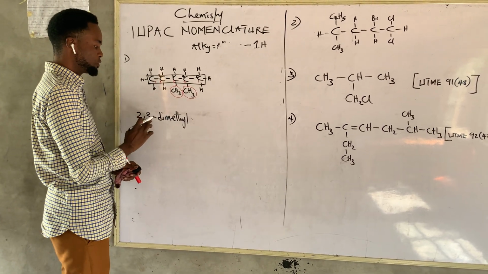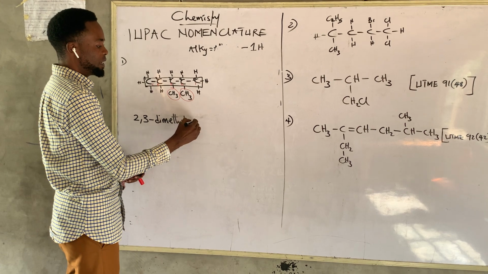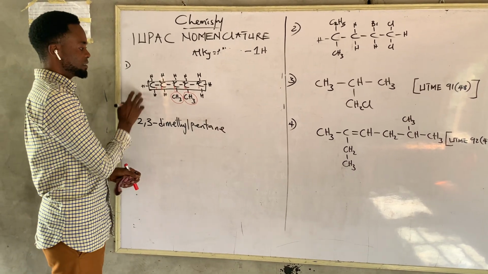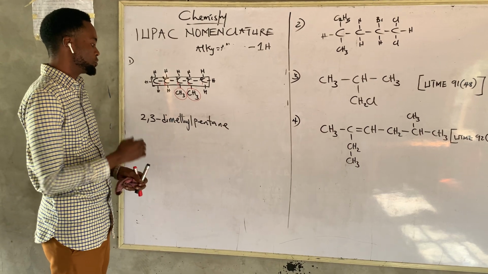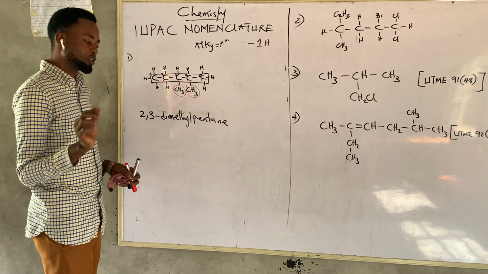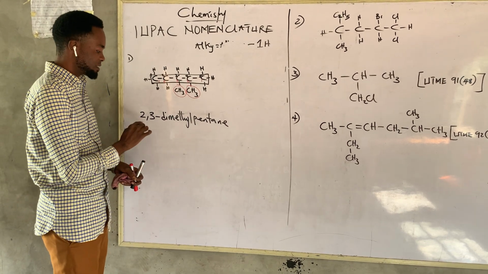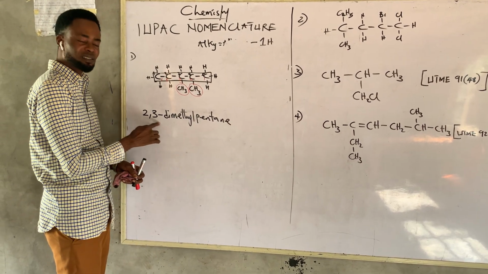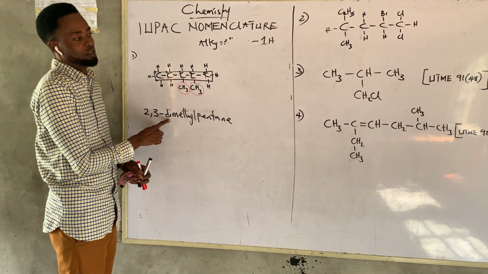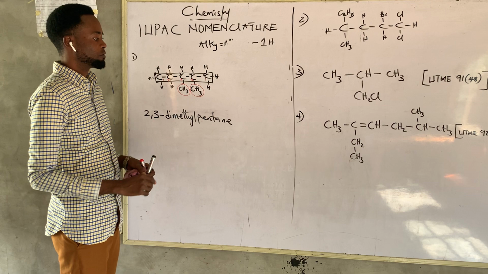So here we have 2, 3 dimethyl pentane. This is the name for this compound. What you should also observe here is that I use a comma between numbers and a hyphen between numbers and letters. It's important for you to take note of that.